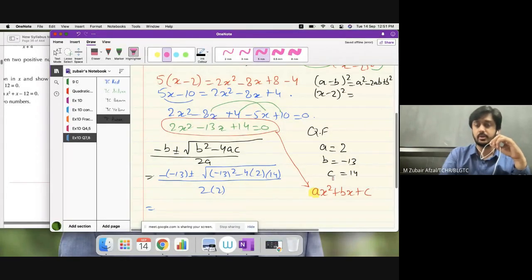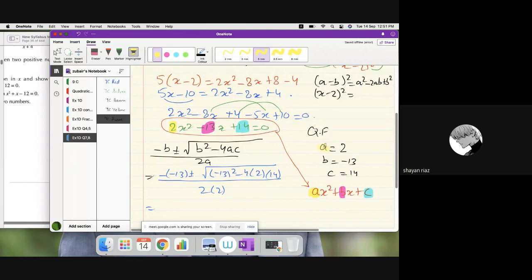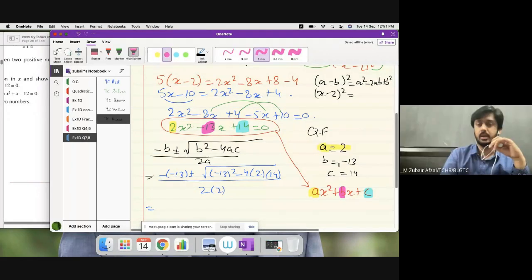The coefficient of x is always b. The remaining constant is always c. So compare these colors: yellow with yellow, pink with pink, and blue with blue. That's where you're getting these values. This is A, this is B, and this is C.